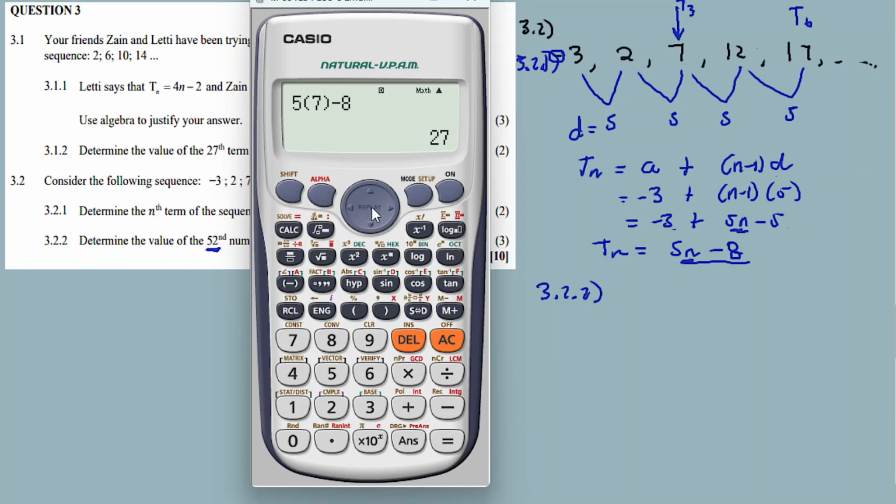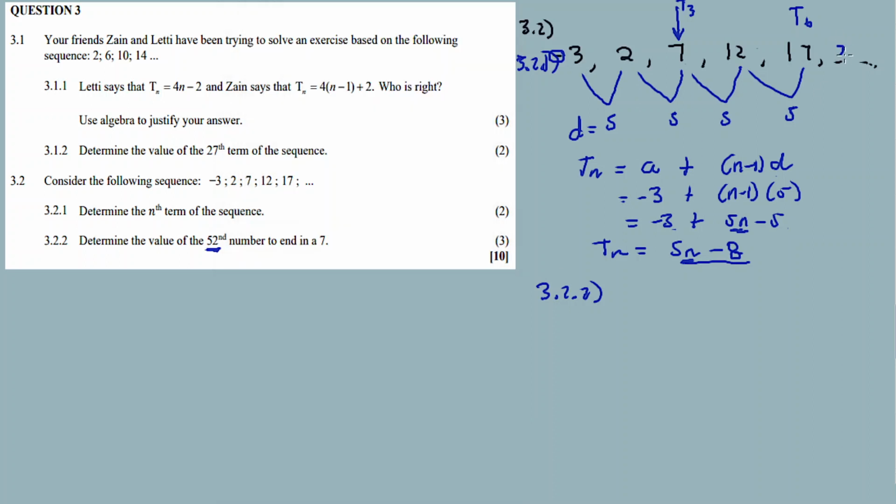For term number 6, 35 open bracket T7 minus 8. T1, okay, wait. T1 I get negative 3. T2 I get 2. Okay, T7 I get 27. Term number 7.